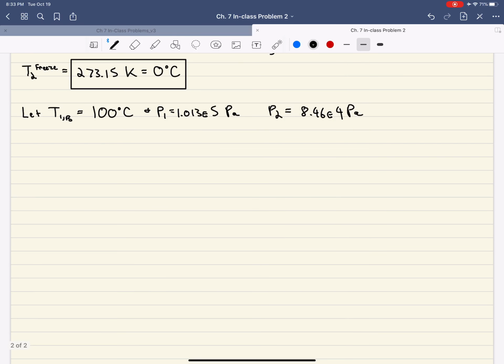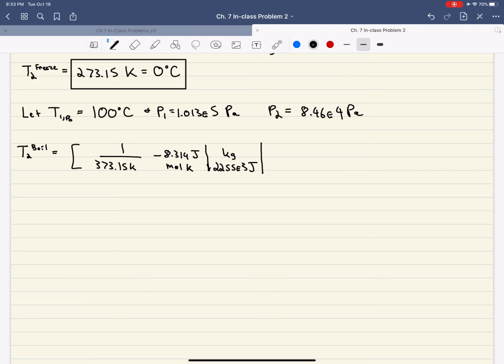So T2 boil is equal to 1 over 373.15 K minus 8.314 joules per mole K divided by 255 e to the 3 joules per kilogram.